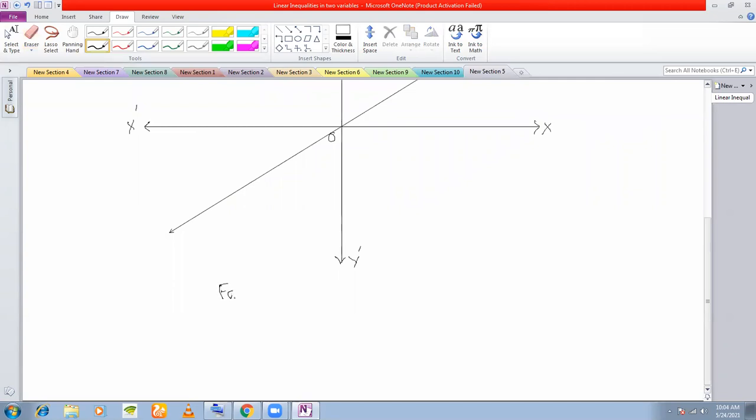So for the point P (-2, 1), what is the value of x? x is equal to -2 and y is equal to 1, isn't it? So now look at the inequality.